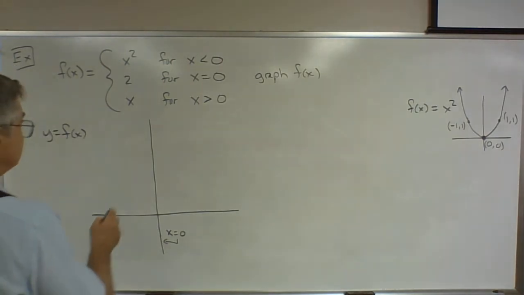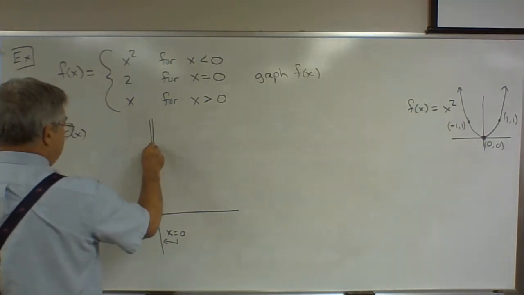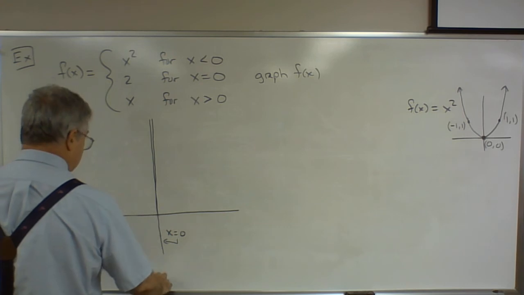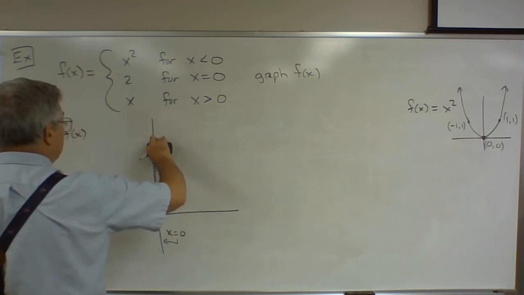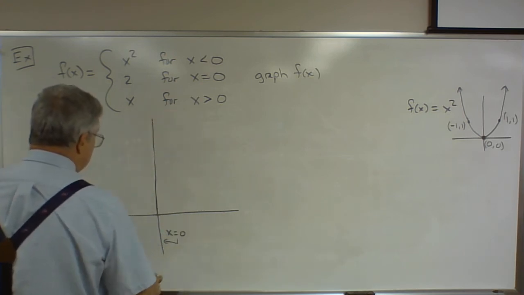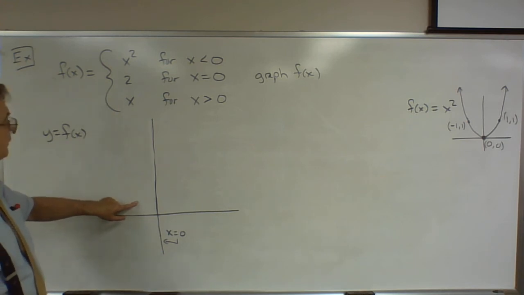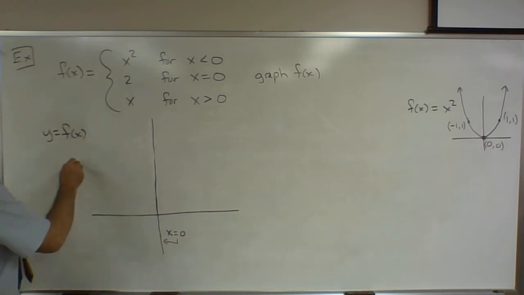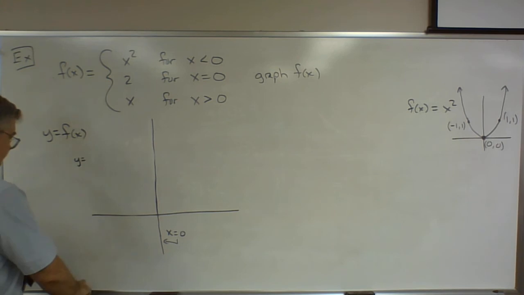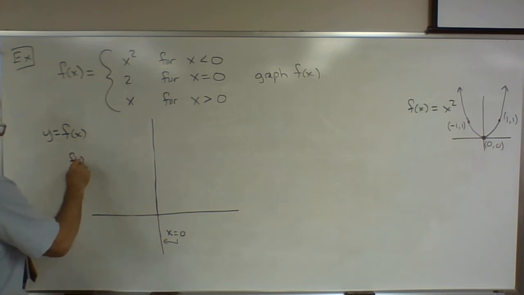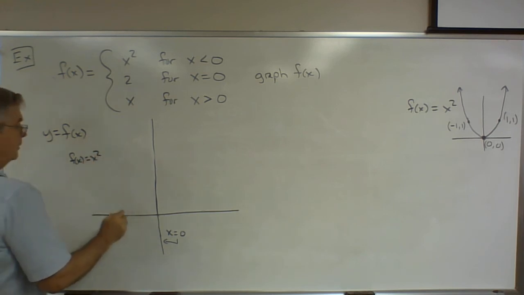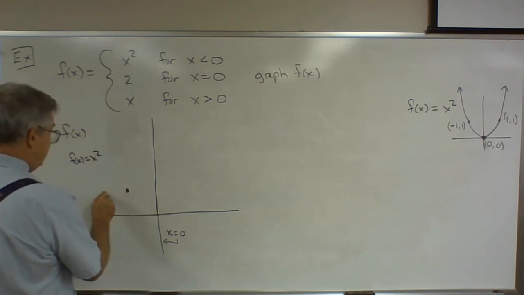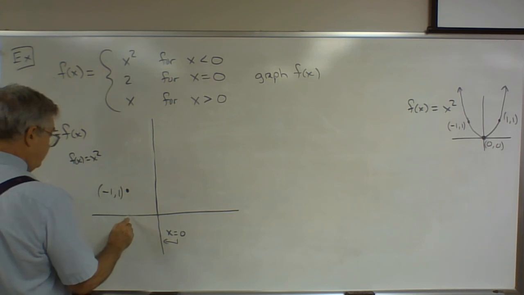And to the left of the y-axis, we have, let's say, f of x equals x squared. And it goes through the point negative 1, 1.